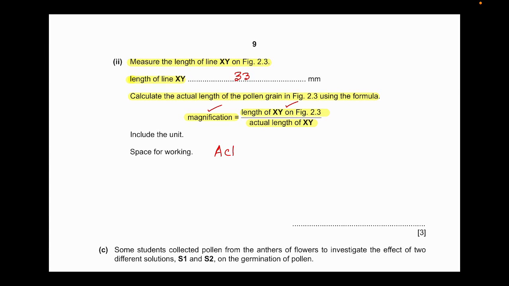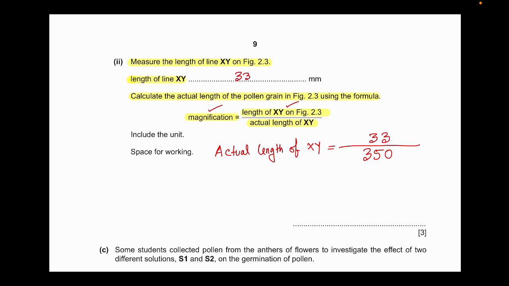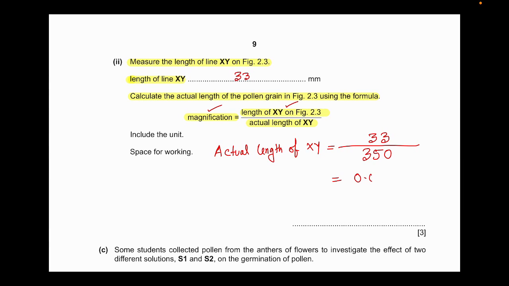So we're going to write down actual length of XY equals the length of XY, which is 33 millimeter, divided by the magnification, which is 350 times. Our answer will be 0.094 millimeter.